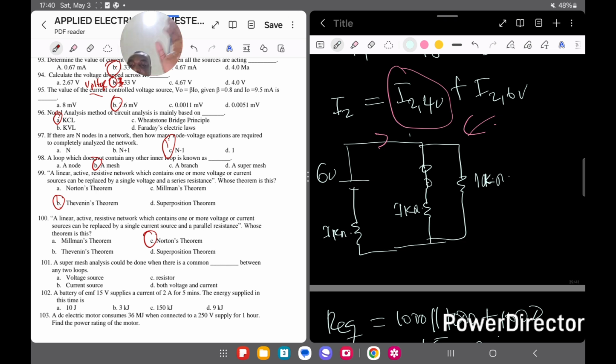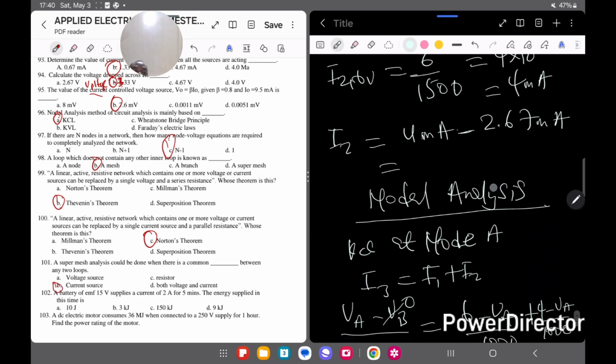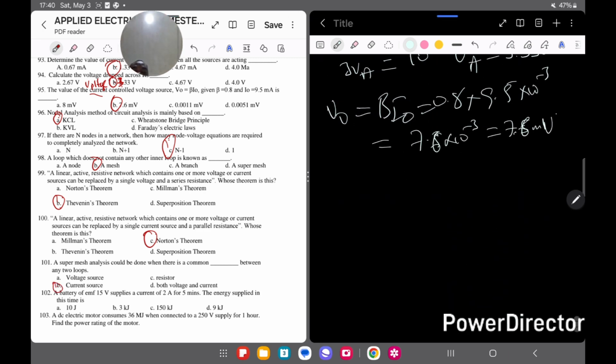Because the current is common, we say this is a supermesh. So the answer here should be current. A supermesh could be done when there is a common current source between any two loops, right? For example, let me just have a quick sketch of this.